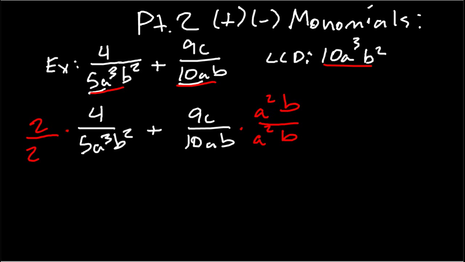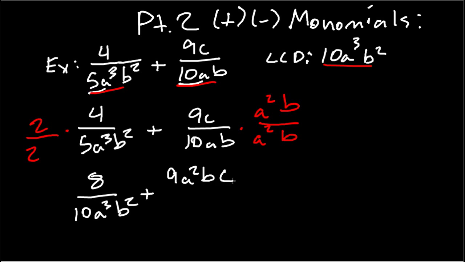That would give us, up top over here, 8 over 10a cubed b squared, which is to be expected since that's our LCD, plus now we've got 9c times a squared b. That's just 9a squared bc over 10a cubed b squared, which is good because that's what we want.